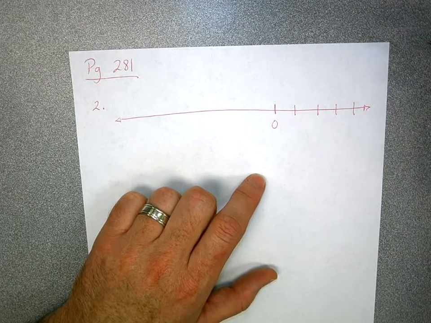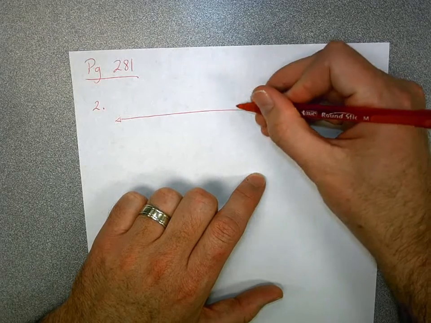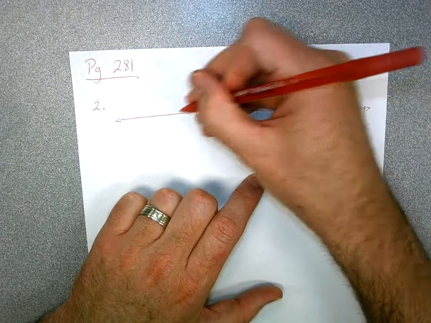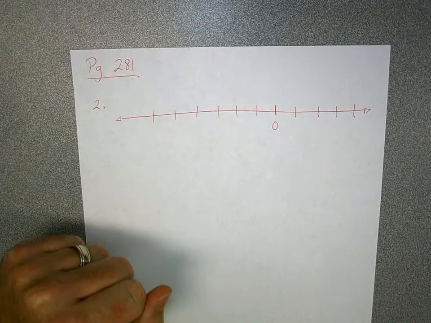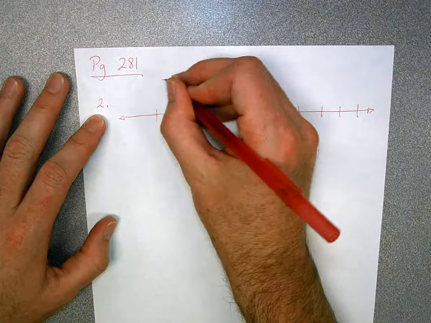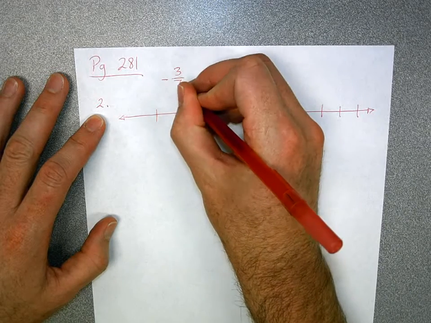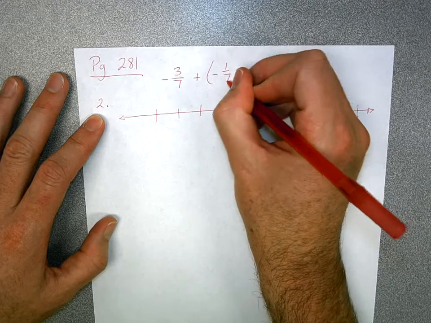And to the left they have 1, 2, 3, 4, 5, 6 lines to the left of 0. Okay, so the problem is -3/7 plus -1/7.